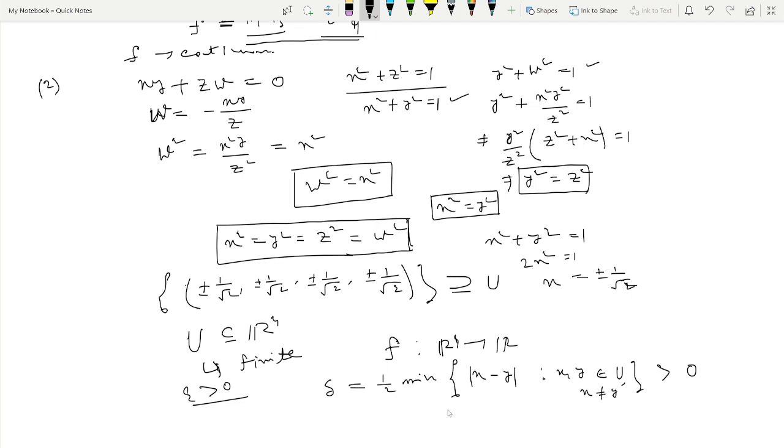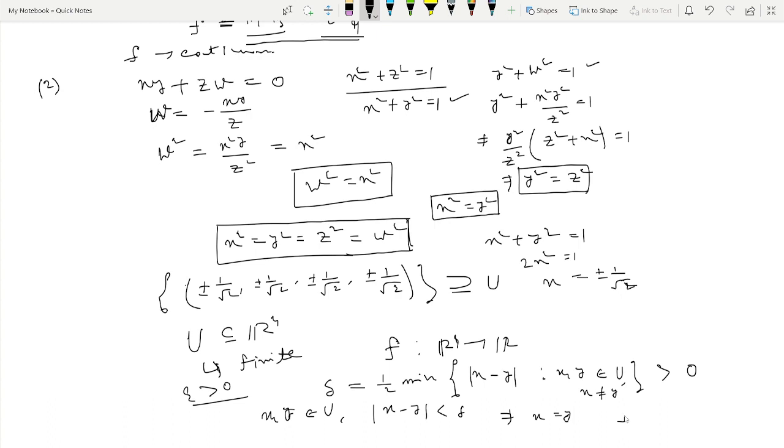So delta is less than the minimum distance of any two distinct points in U. Then if we take x, y in U such that mod x minus y is less than delta, then x must be equal to y by our choice of delta.